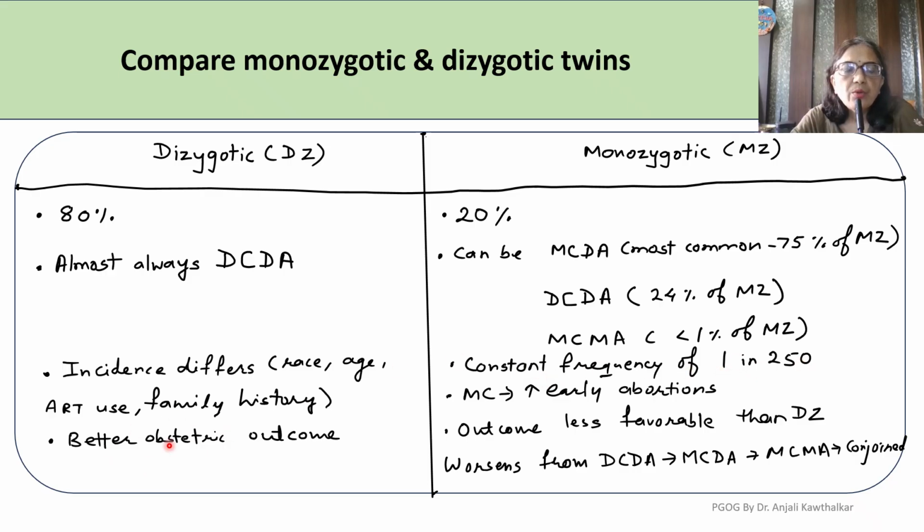The outcome is better overall with dizygotic, whereas it is less favorable with monozygotic twin pregnancy, and it worsens from dichorionic diamniotic, which is slightly better, to monochorionic diamniotic, and the poorest outcome is with monochorionic monoamniotic, especially with conjoined twins.